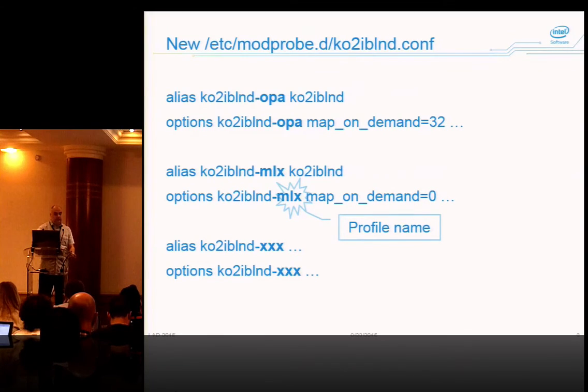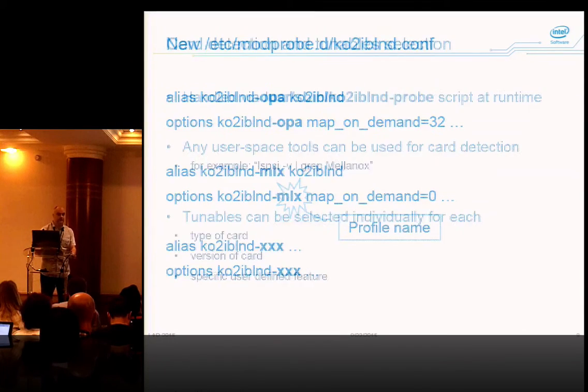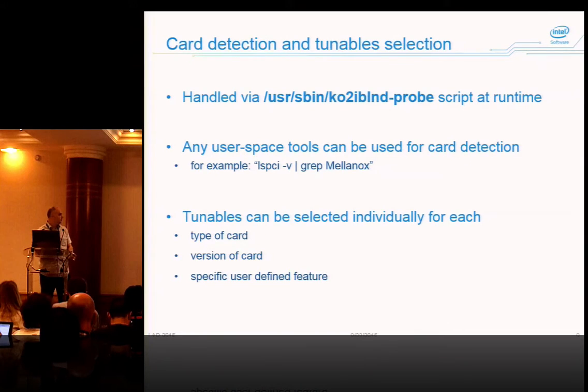And then when you have a set of those tunables in one file, the question is how to choose the appropriate one to use. So the card detection is done when the module is loaded into the kernel, and now a user space script is responsible for card detection and choosing the appropriate configuration.